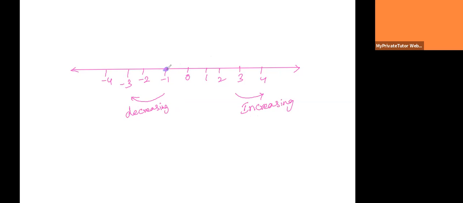Okay, so let's compare two numbers. I hope everyone knows this is a less than symbol. This is a greater than symbol.